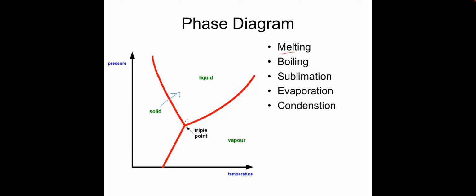So anywhere in this area, we would possibly experience melting of water. So you want to recognize the pressures and the temperatures at which that solid would change into a liquid. Okay, so think about that. You guys do that for boiling, sublimation, evaporation, and condensation.